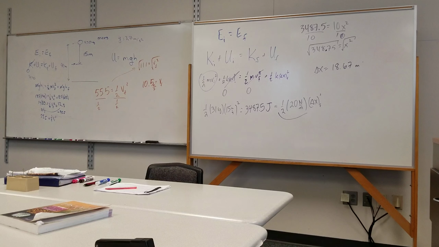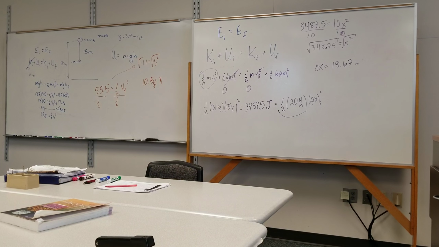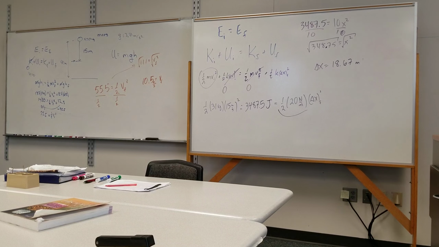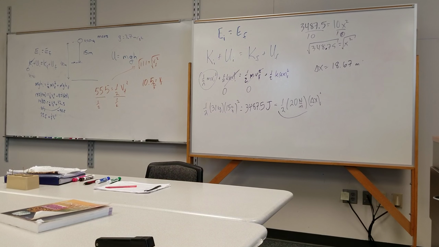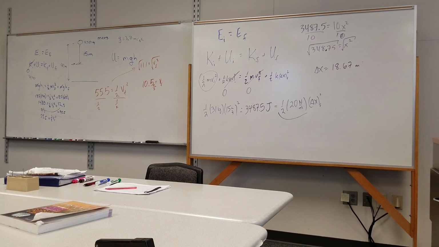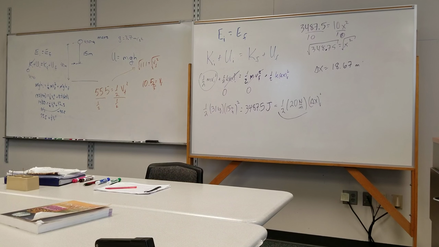Second one, no. Third one, no. Fourth one, no. Fifth one, yes. Sixth one, yes. Seventh, yes. Eighth, yes. Ninth, yes. And tenth, yes. Whether we'll be using the formula for kinetic energy in it.